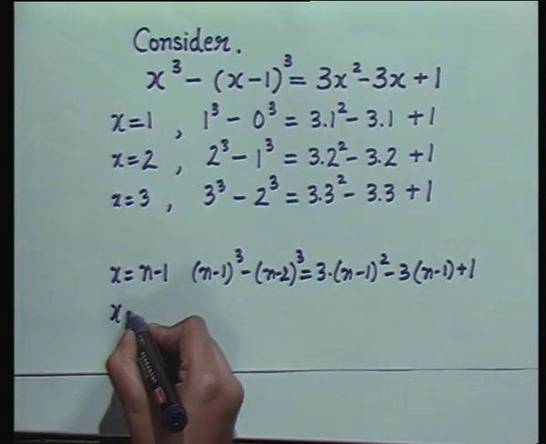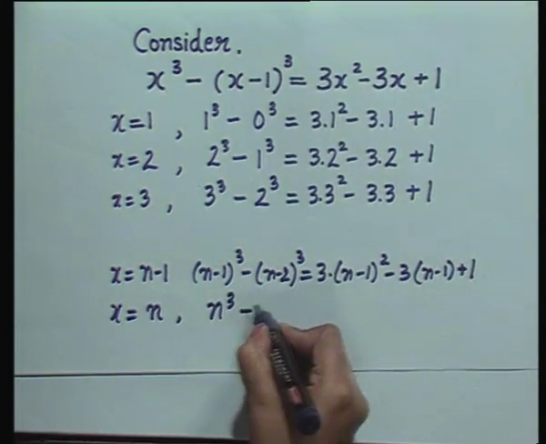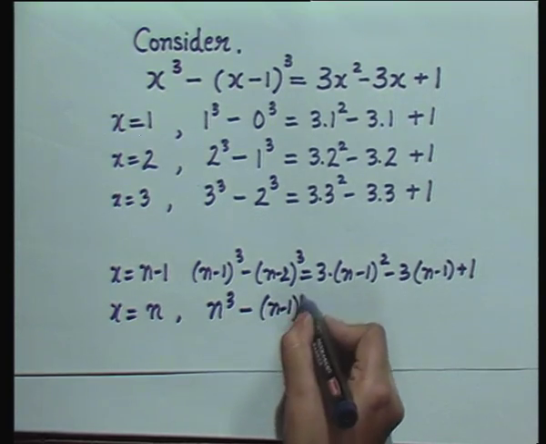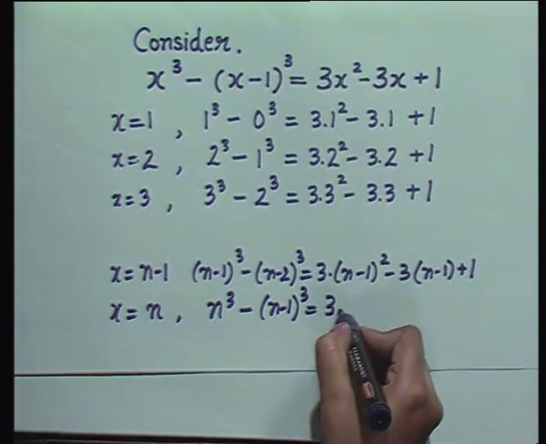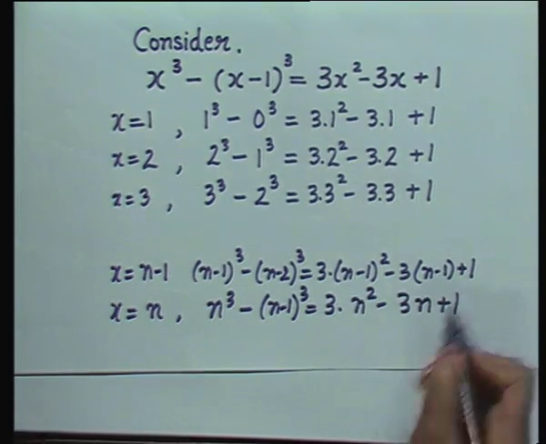The result is also true for x equal to n. That is the number which is going to end this mechanical process. Let us take x equal to n, and therefore you will have n cube minus (n minus 1) whole cube is equal to 3 into n square minus 3 into n plus 1.